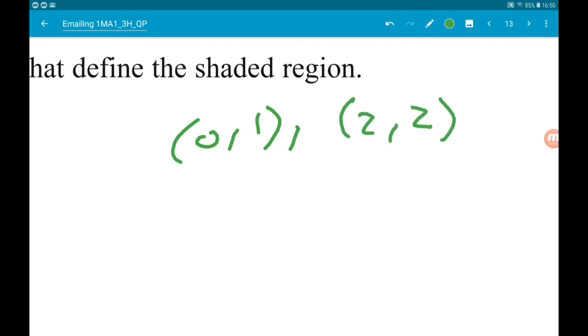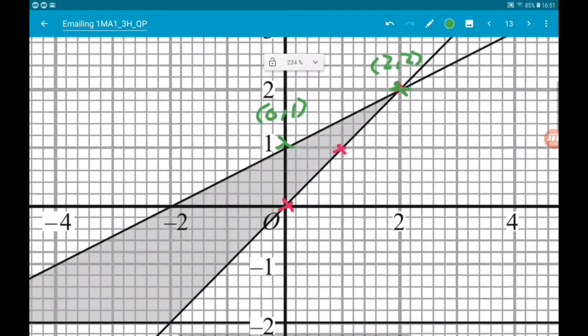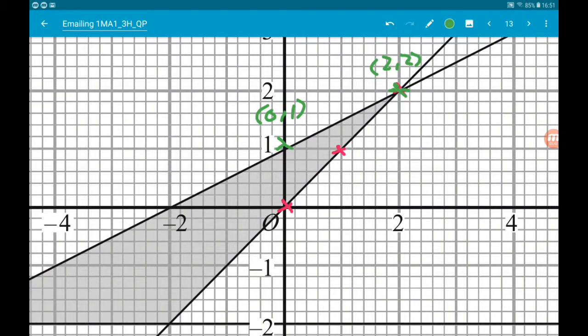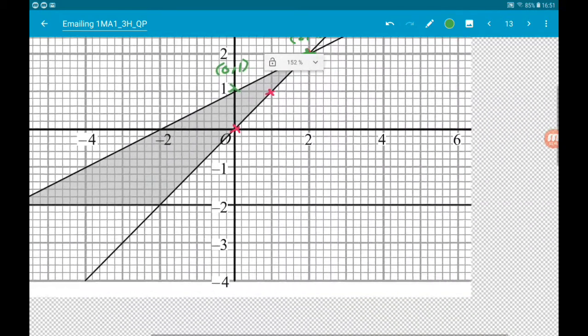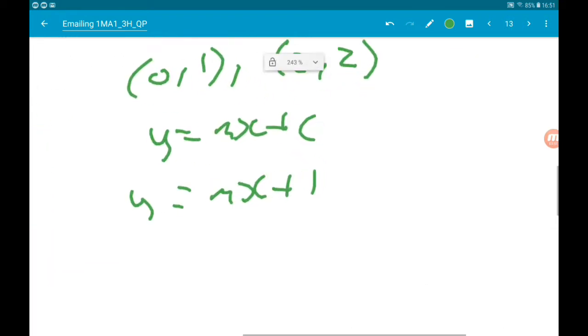Okay, so the general equation of a line is y is mx add c. C is the y-intercept, so we actually know that is 1, and m is the gradient. So we can actually say then that y is mx add 1. Now again, that's because we go through the y-axis at 1. Now the gradient is difference in y over difference in x.